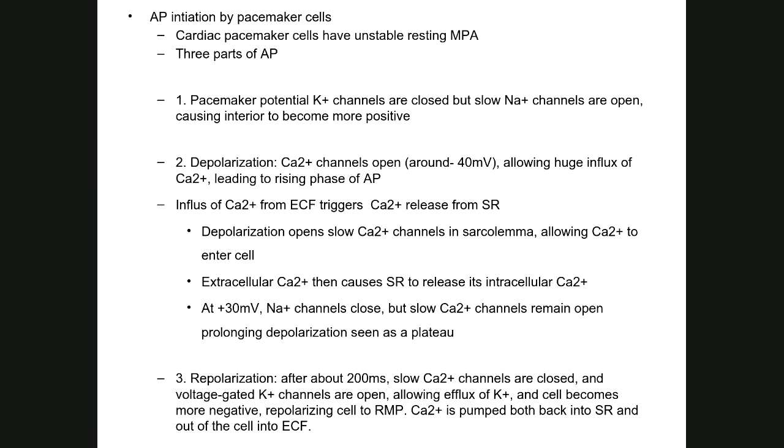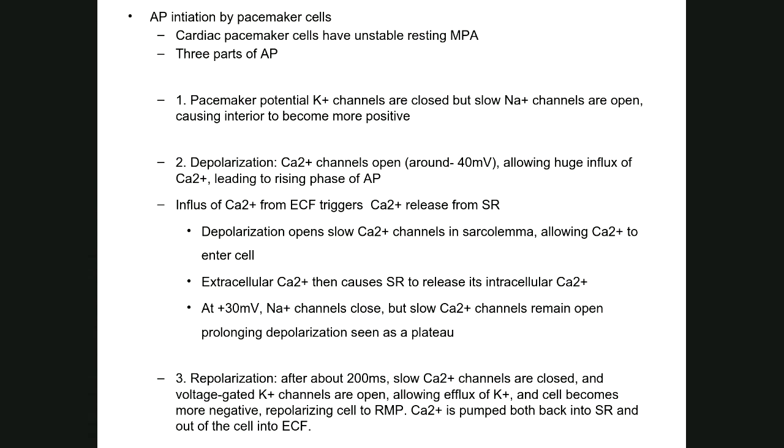So during the first stage, the potassium channels are closed, but the slow sodium channels are open, causing the interior to become more positive, because sodium is positively charged. So it increases the potential, and the intracellular space becomes more positive.